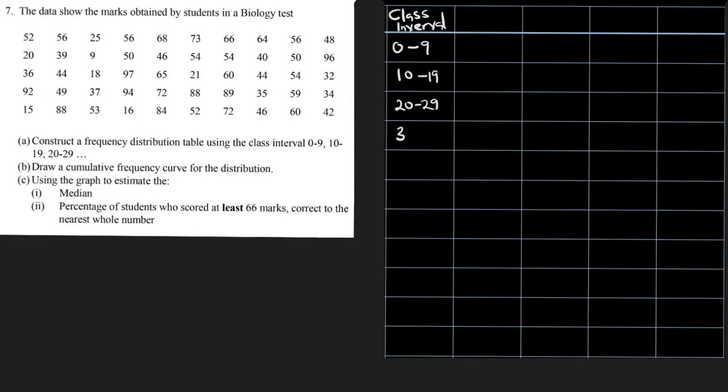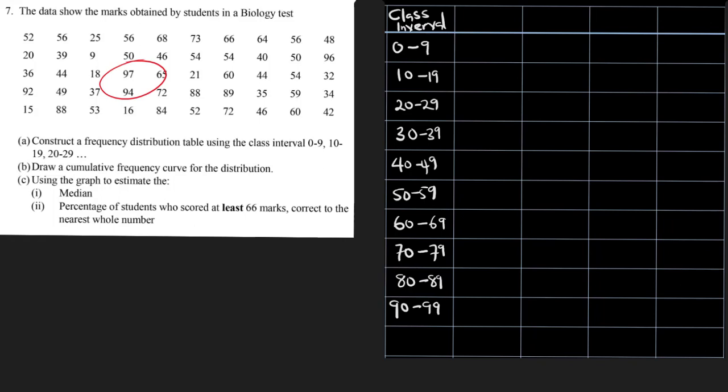Of course, it will be 30 to 39, then 40 to 49, and so on up to 90 to 99. We're going to stop here. Why? Because if you check, the highest score we have here is 97, so it's not up to 100. Whenever you're doing it, you have to check the lowest and the highest value. Since our highest value is 97, we stop at 90 to 99.